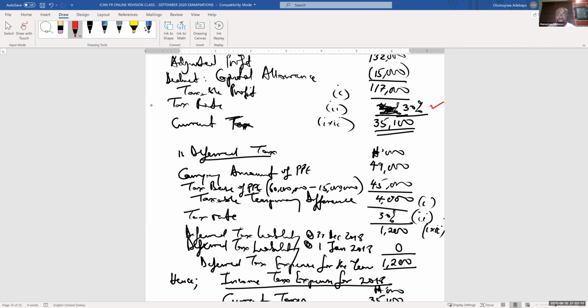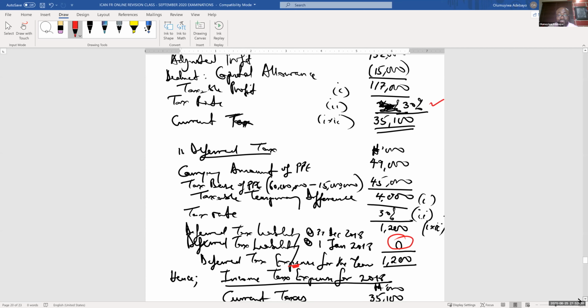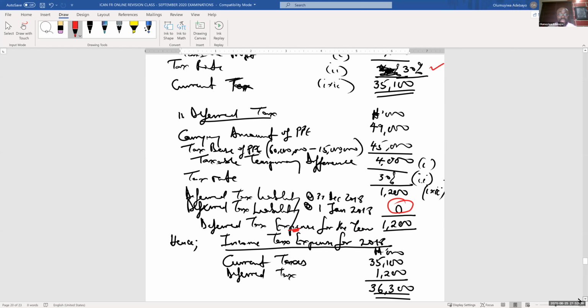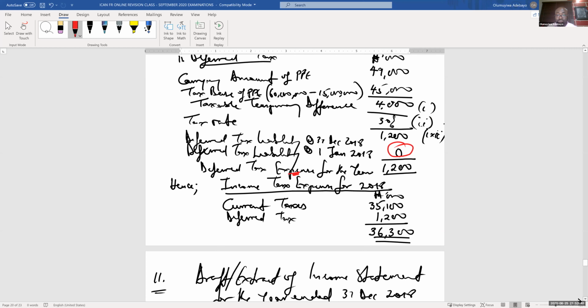What that means is that the movement is the entire 1.2, which created an increase in liability, which gave us the position of an expense. Now, the question has still not been answered. The question says, what is my income tax expense? It is my current tax expense of 35.1 million and deferred tax expense of 1.2 million. The two sum up to 36.3 million.